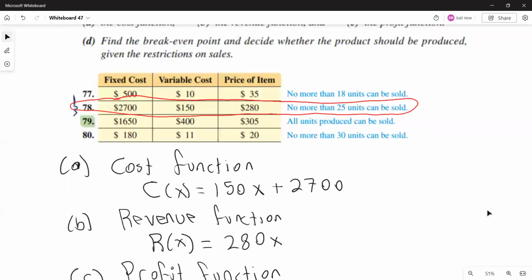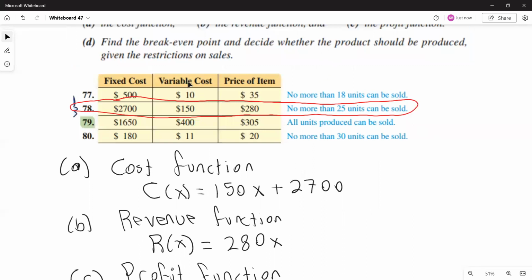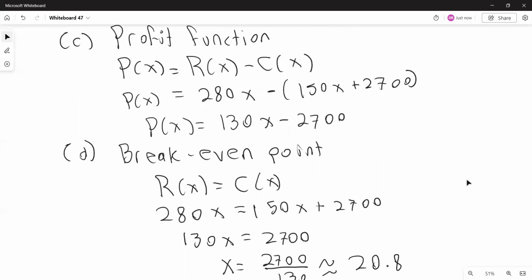So they are asking us whether the product should be produced. We saw that the break-even point is at approximately 21 units sold, but no more than 25 units can be sold. So looks like it's not worth it.